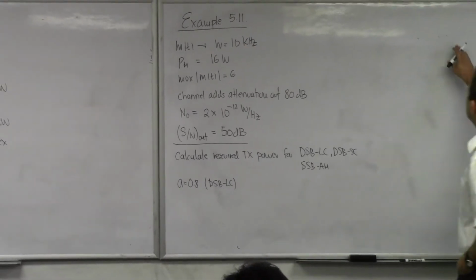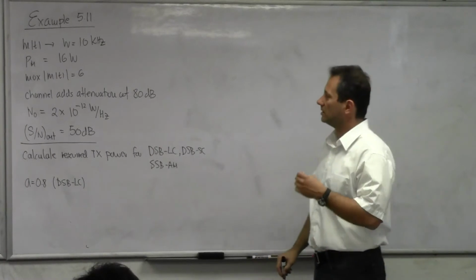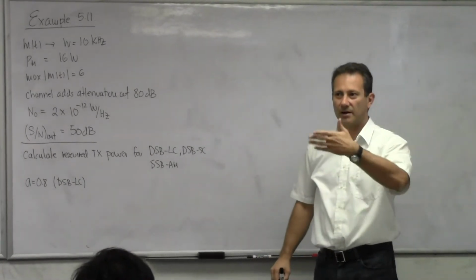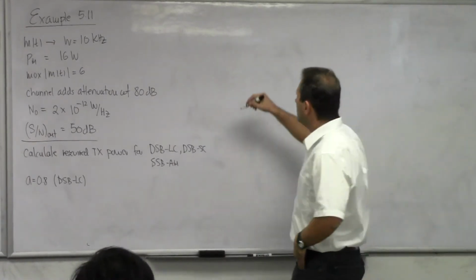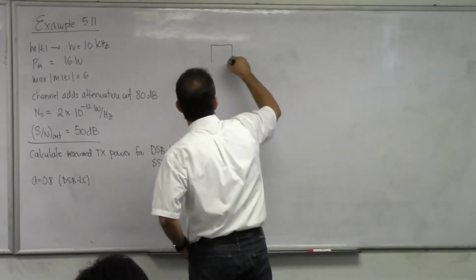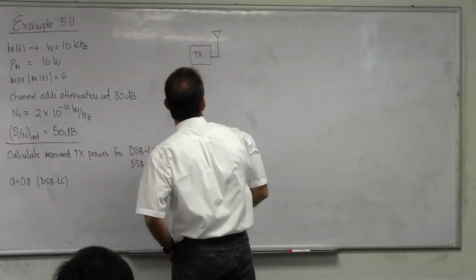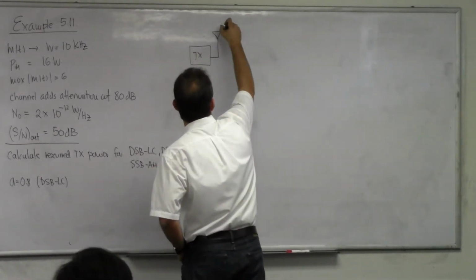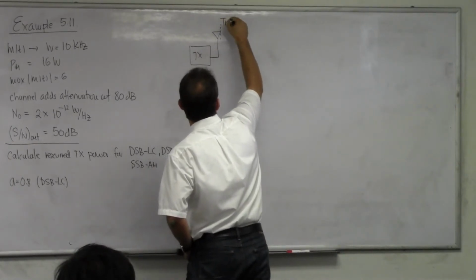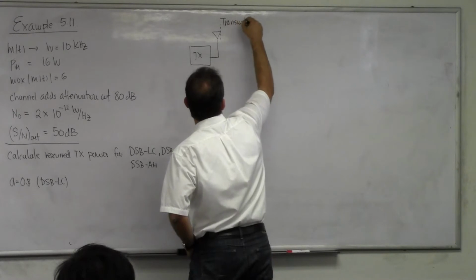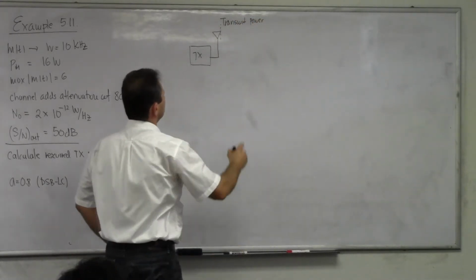Now let me sketch what the nature of this problem is. Since I'm kind of a wireless guy, I'm going to sketch this in terms of wireless. But it's the same in wireline, just the channel is different. You have your transmitter, which in this case goes through a broadcast antenna. And there is a certain power, let me call it the transmit power, at which you're going to transmit your signal.